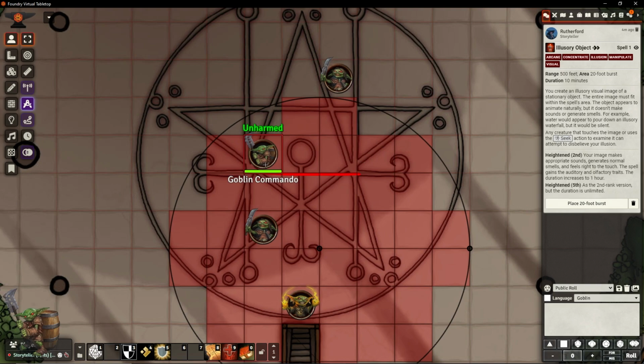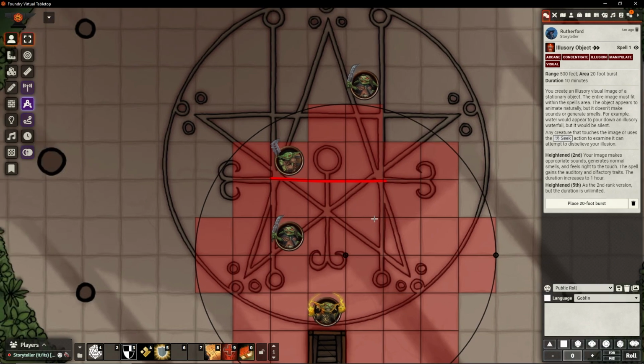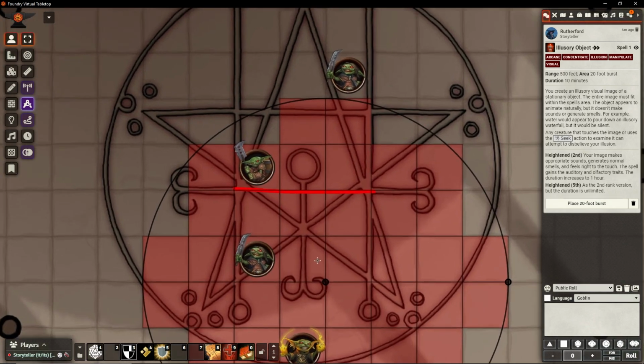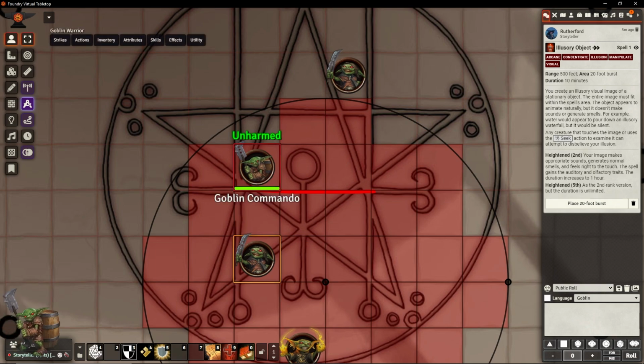There is no set in stone way for when disbelief checks are or are not explicitly allowed, but actions have to be spent is the big thing. And so I tend to make it a 1-to-1 for the action. So in this case, if these were both on the same team, I would say, oh, because you shoved him through, that was one action, either of you can attempt a disbelief check, but the other one will have to go without.